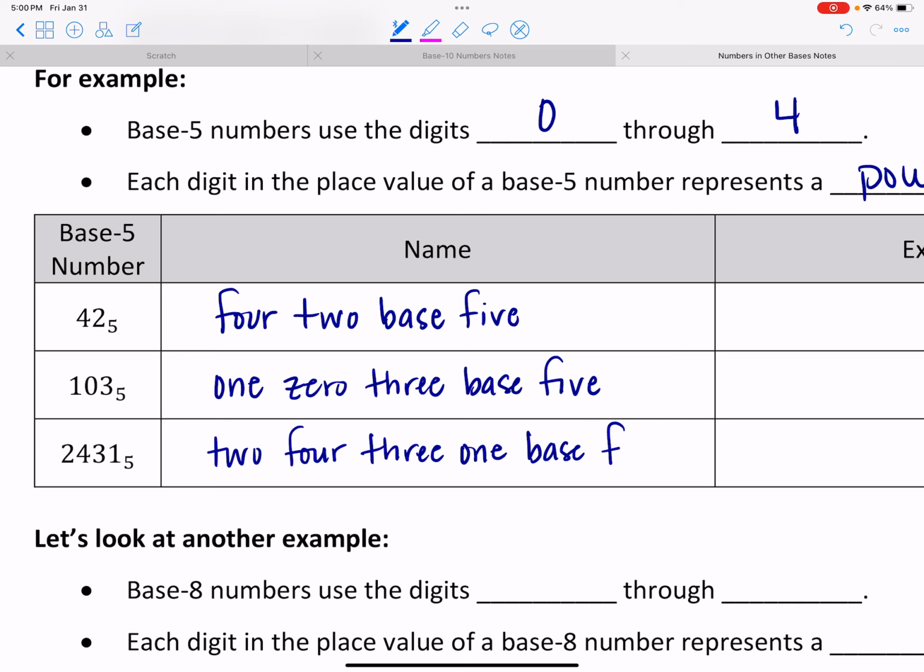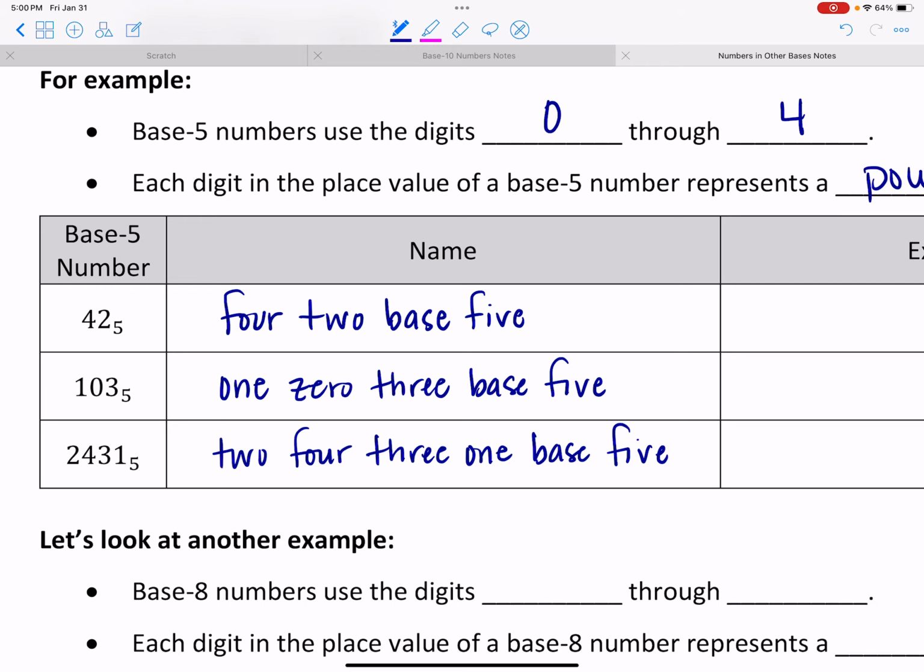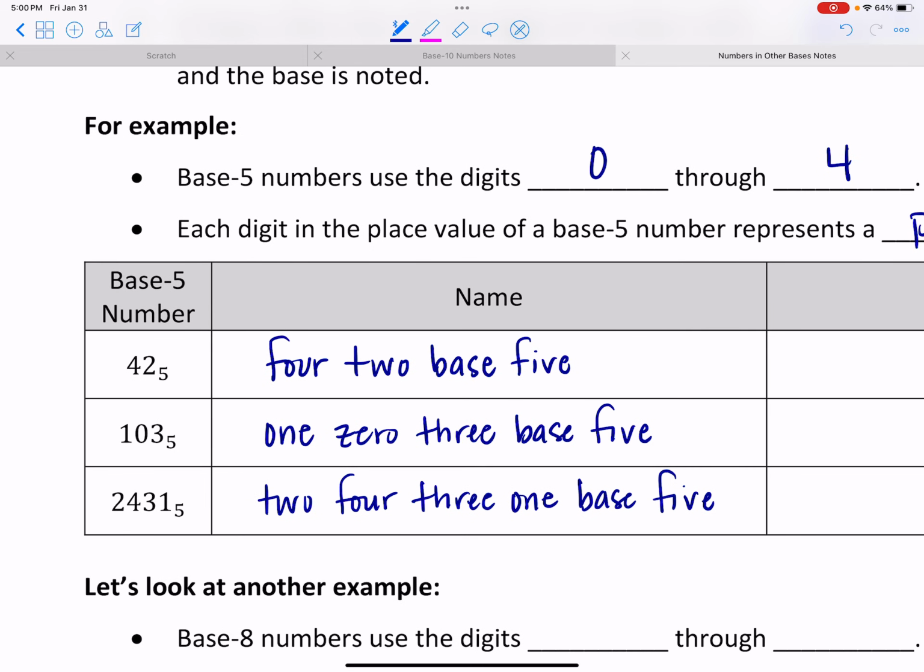So if we're reading these multi-digit numbers in other bases, we just read the digits individually and then note the base, okay?